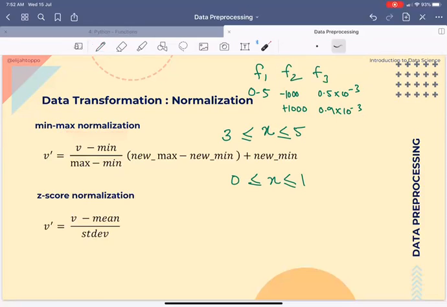So my new data x dash would be my old data x minus the minimum value, which here would be 3. So x minus 3, divided by max minus min, which is 5 minus 3, that is the range, multiplied by new max minus new min. New max is 1, new min is 0, so 1 minus 0. So multiply this by 1.